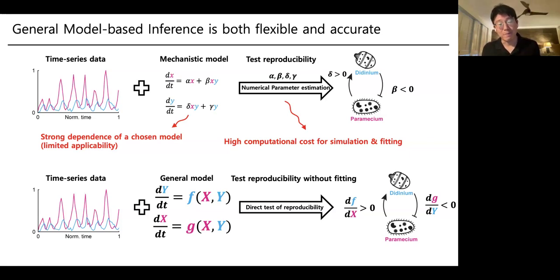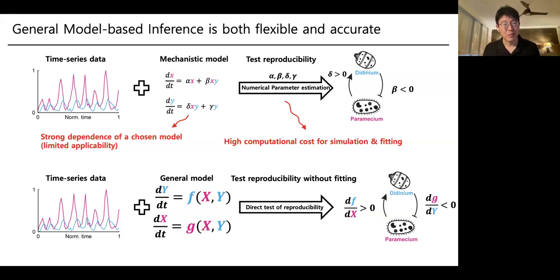And then, from the tool we will develop, which I will describe, we will determine the sign of each function, so df over dx and dg over dy. From this sign, we can tell whether there is a positive or negative regulation without knowing what the functions f and g are.